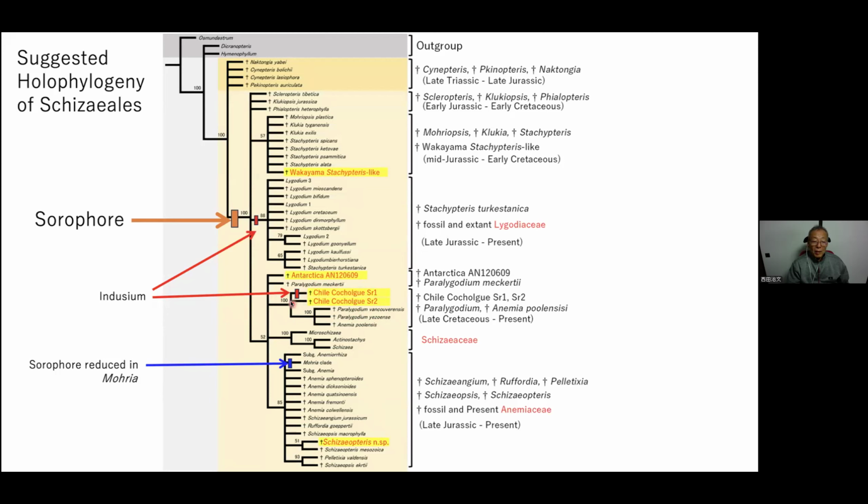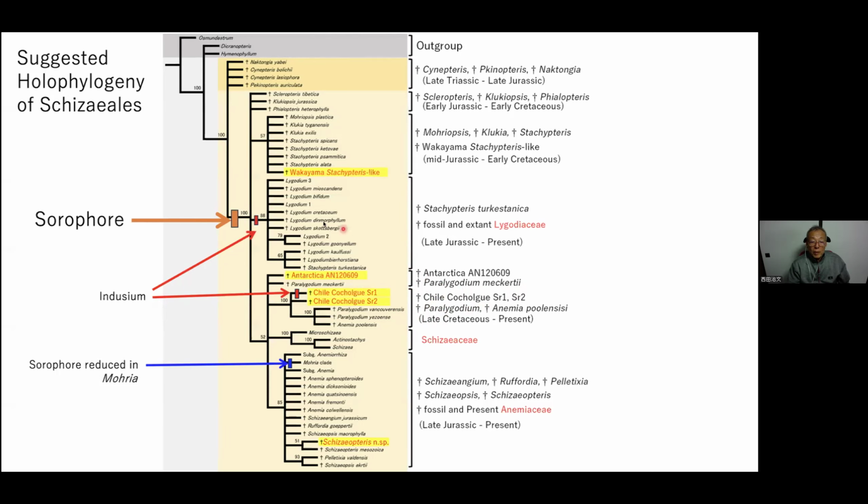So anyway, these are close to the Antarctica material. And Paralygodium meckeliti, this is from Canada, and other Paralygodium are grouped with these fossil groups.